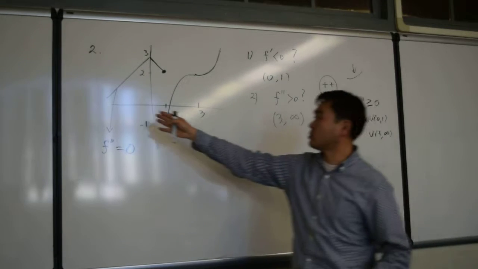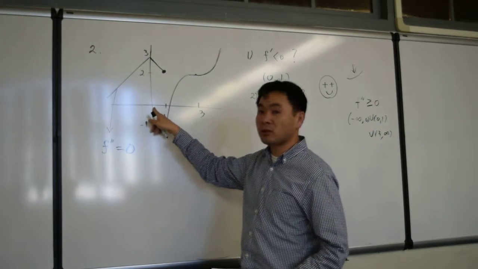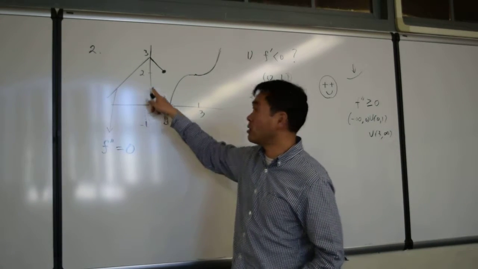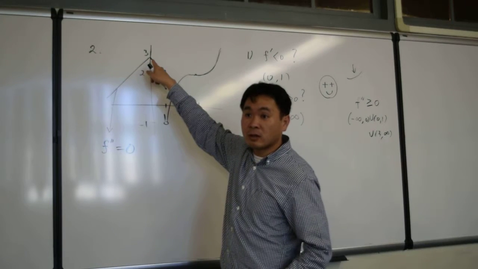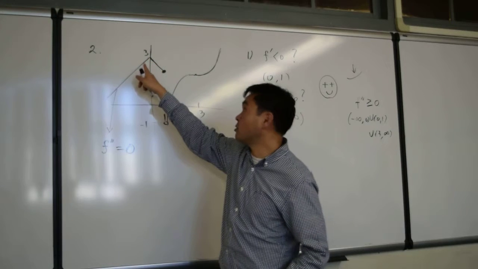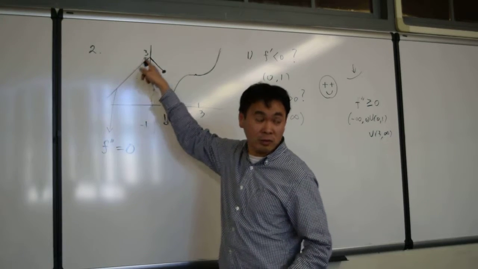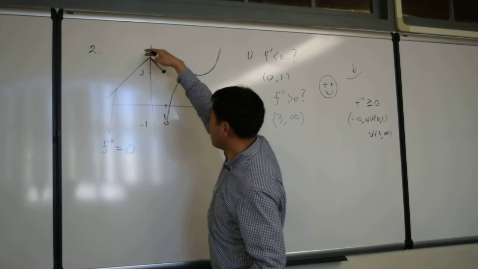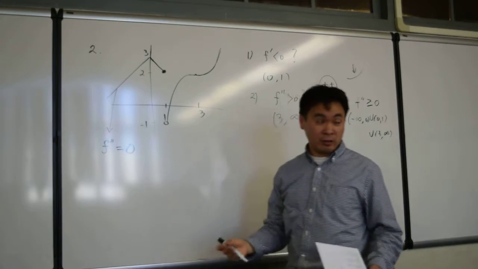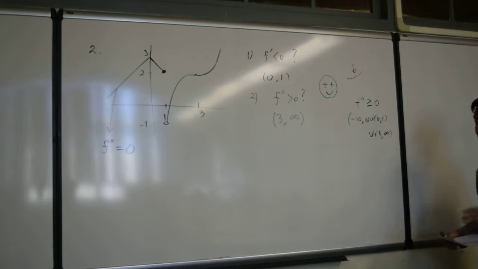0, which is here. I can't talk about the derivative at 0 because, is this differentiable at 0? The answer is no, because it has a sharp turn. You don't have a well-defined f prime here, therefore you can't think about the second derivative there.